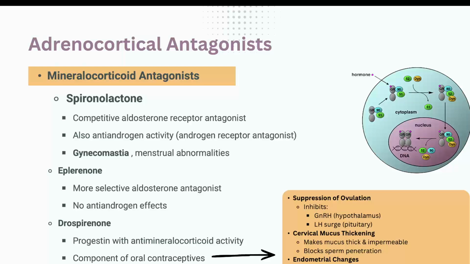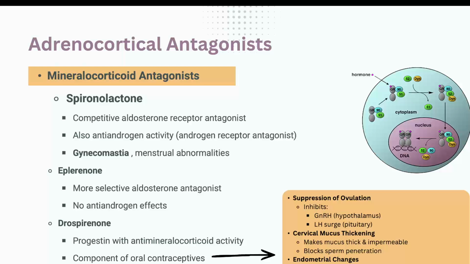In addition, spironolactone has anti-androgenic activity. This anti-androgenic activity with time leads to something called gynecomastia, which is enlargement of the breast in the male, and leads to menstrual irregularities in females. Eplerenone has the same mechanism of action as spironolactone, but with no anti-androgenic activity, meaning no gynecomastia and menstrual irregularity.